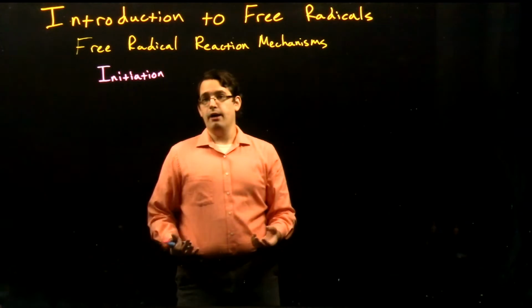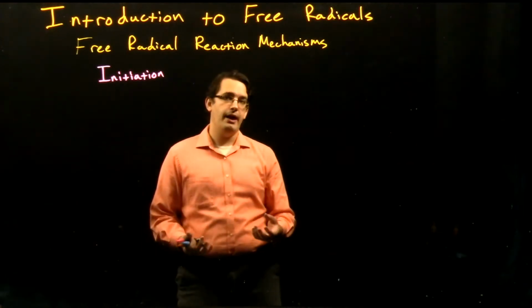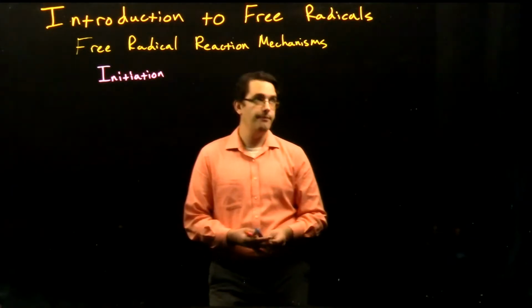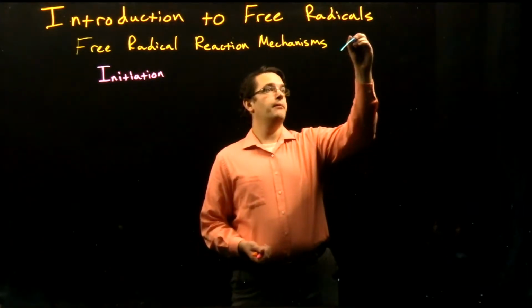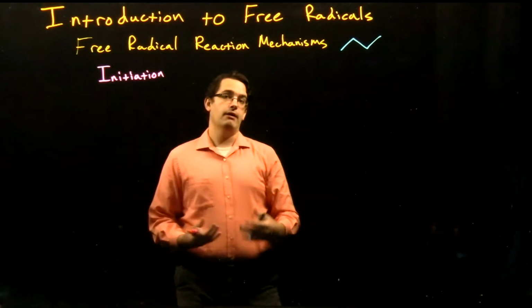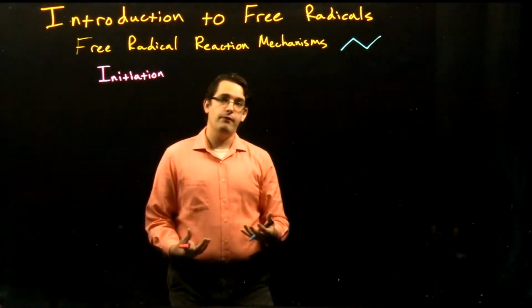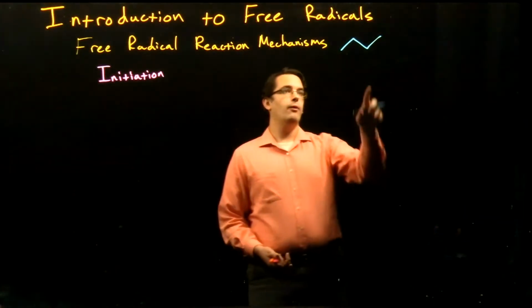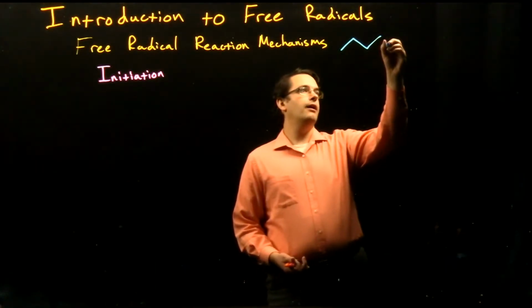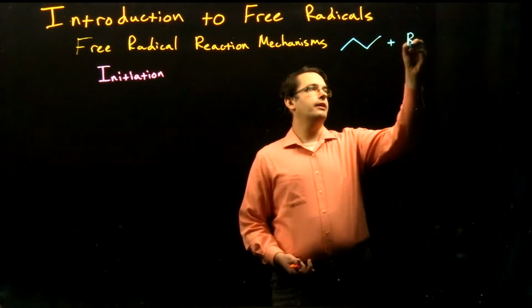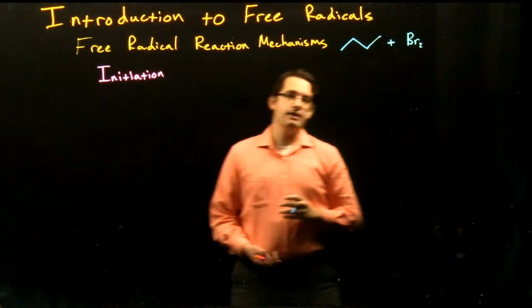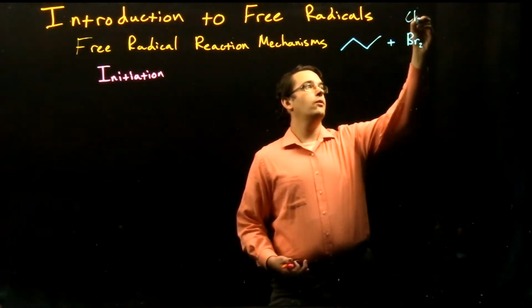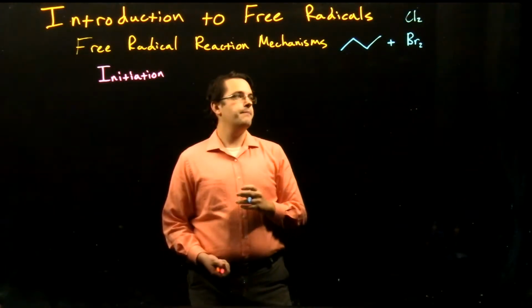As I mentioned earlier, our free radicals allow us to have reactions with compounds that we normally consider relatively unreactive. So of course, the greatest example of this is our alkanes. Previously, we've only really talked about combustion for our alkanes. But now, with our free radicals, if we take our alkane and combine it with a diatomic halogen, specifically bromine or chlorine are generally used for this purpose.